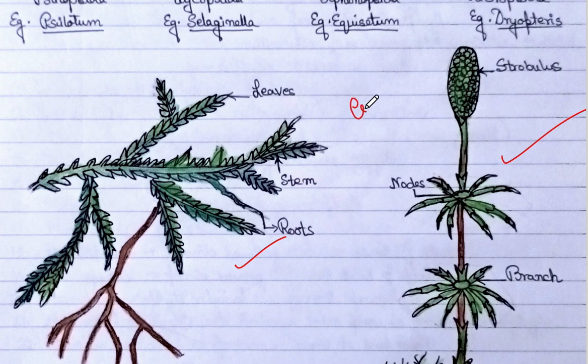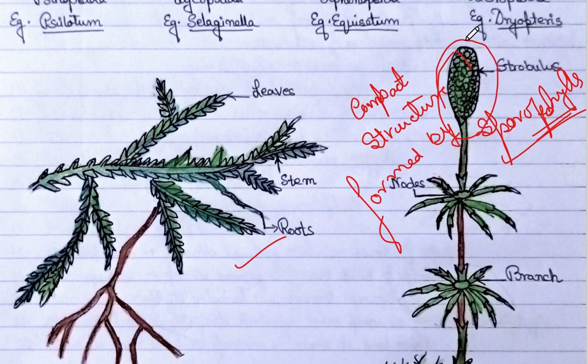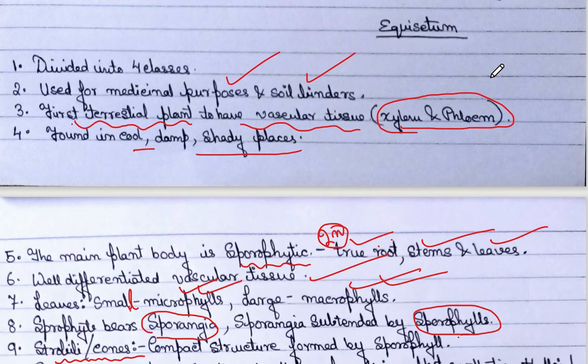What is this? This is nothing but a compact structure formed by sporophylls, within which there will be sporangia.